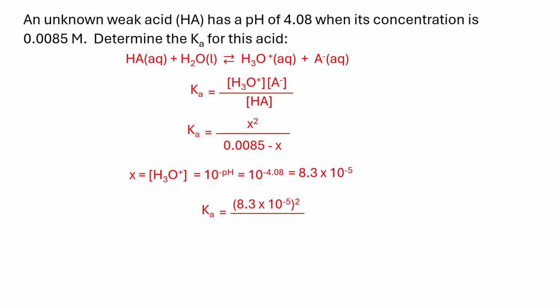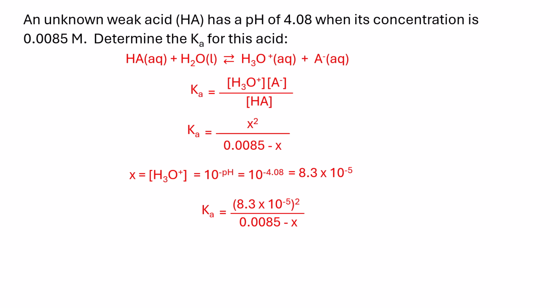So 8.3 times 10 to the negative 5 squared goes on top because we still want to square X. And 0.0085 minus X goes on the bottom. Now again, it doesn't really take me a whole lot of extra time to subtract x now that we know what x is, but I'm not going to bother because x is 8.3 times 10 to the negative 5. So I could have put that down there and subtracted it, but you're subtracting a number that is 100 times smaller than your original number.